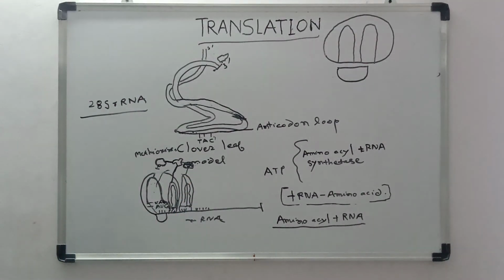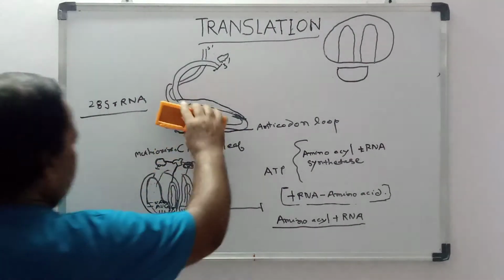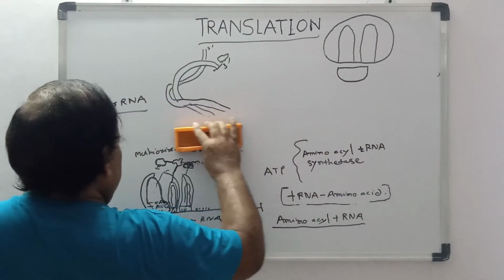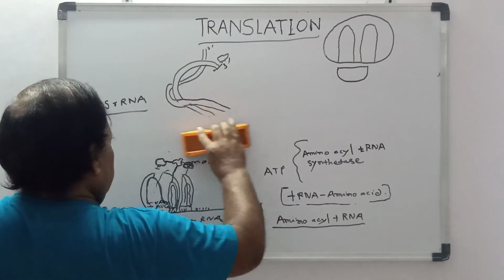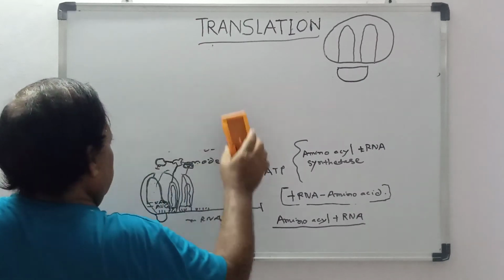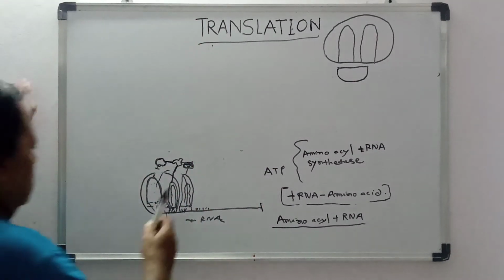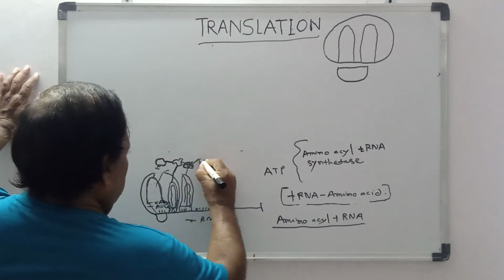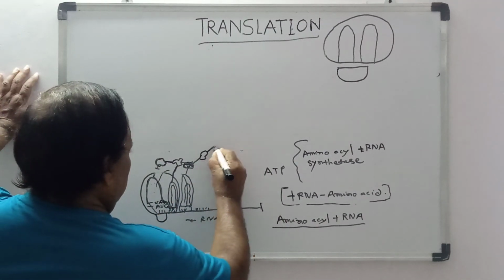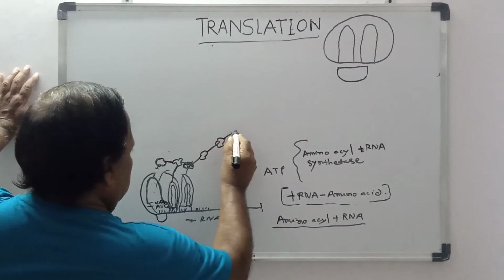This chain formation continues like this. This is one amino acid, this is another, this is another.